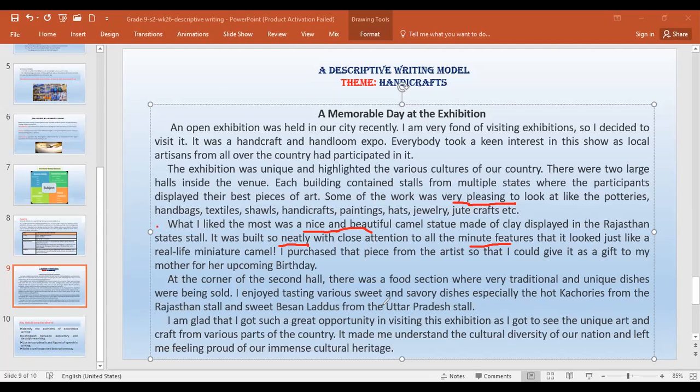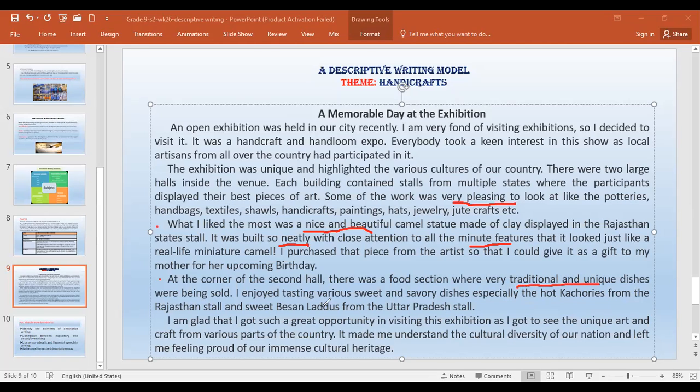Okay, so Lana, can you read now? Yes, miss. Paragraph 3, please. At the corner of the second hall, there was a food section where very traditional and unique dishes were being sold.